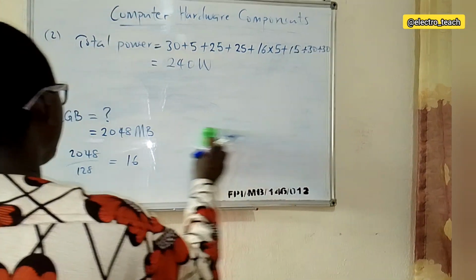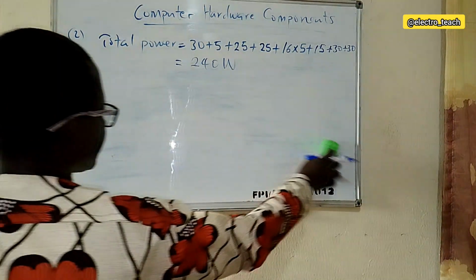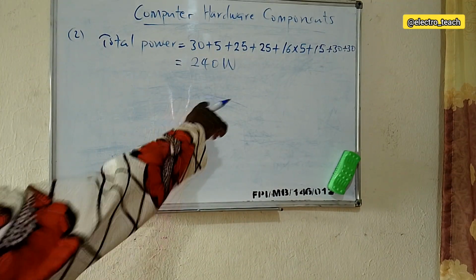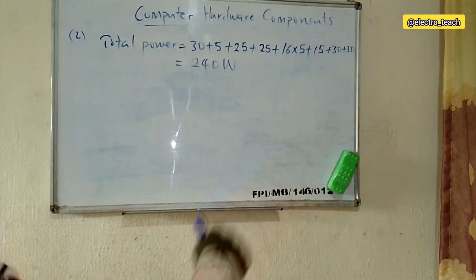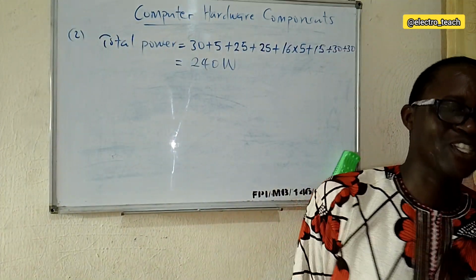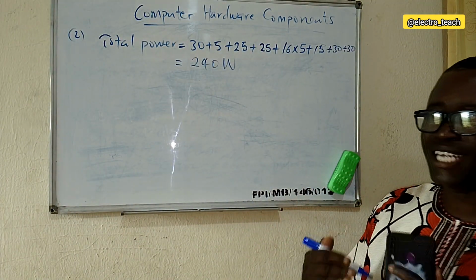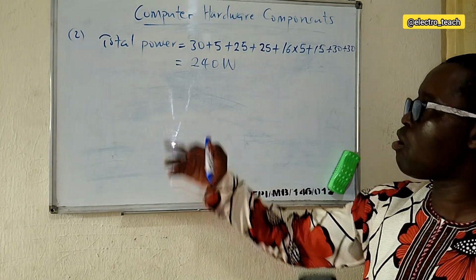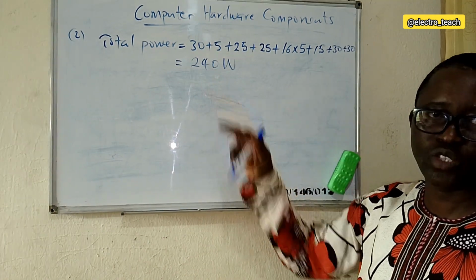240 watts. So 240 watts is the total power required by all these devices. Now, you will not go to the market and buy a 240 watts PSU, that is power supply unit. No. Because you are installing from scratch, you will add about 25% more wattage to this.